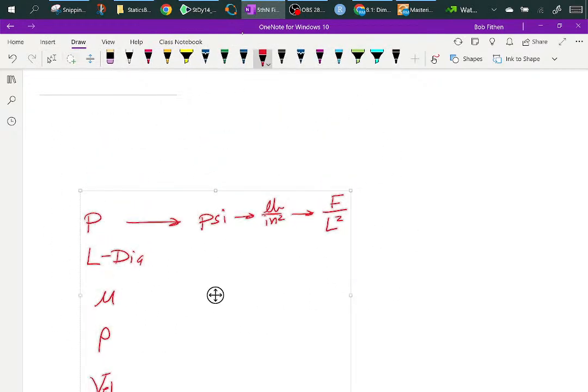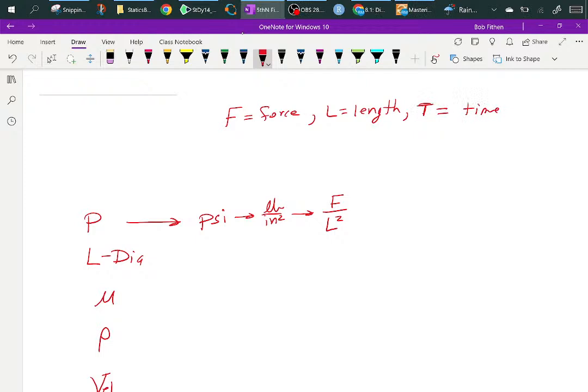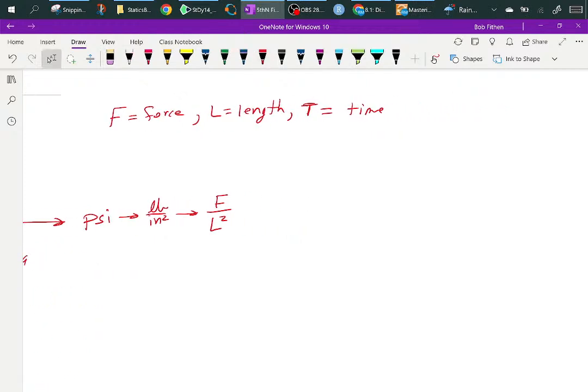We've got a couple of things. We've got F is equal to a force. L is equal to a length. T, a capital T, is equal to time. And then M is equal to mass.